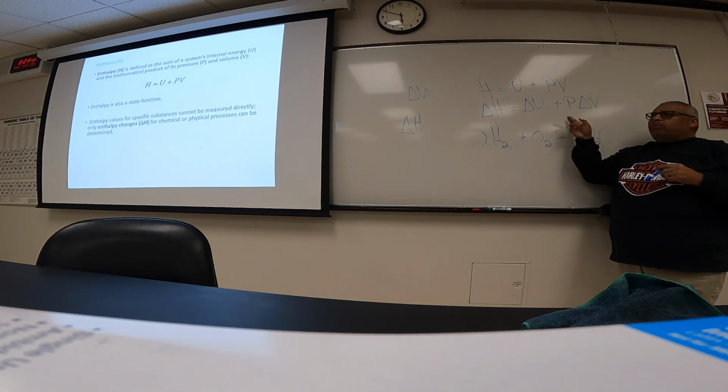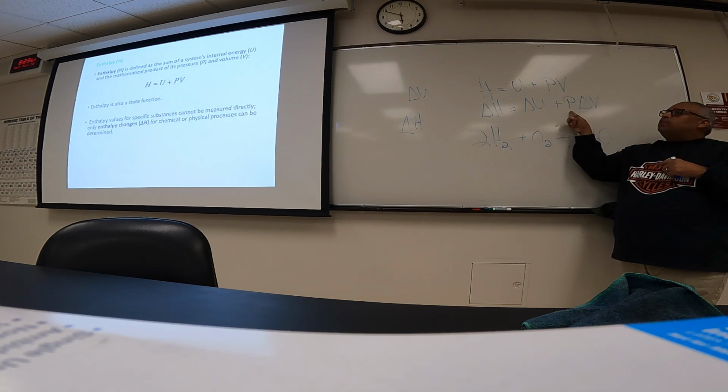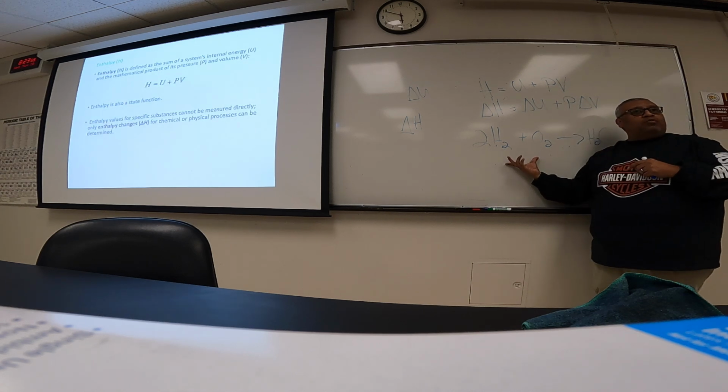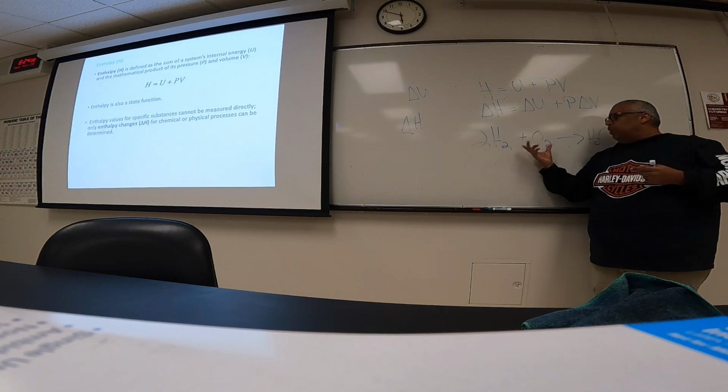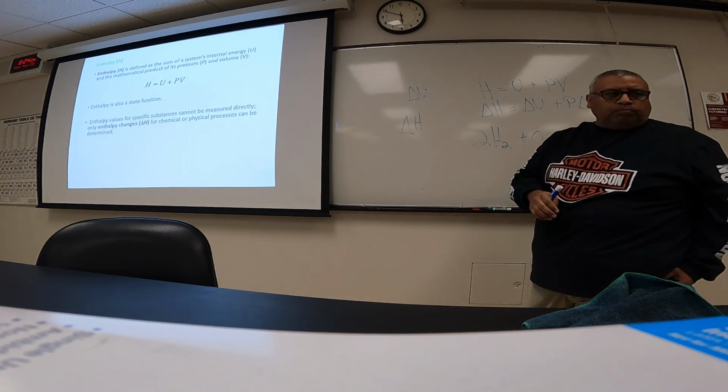These are done at constant pressure, so there is no pressure change here. We do have to take it into consideration, but because it's done at constant pressure, there is not going to be any change in this reaction. If I do this reaction out in the open, there is no change in pressure here. But we are going to consider the change in volume.